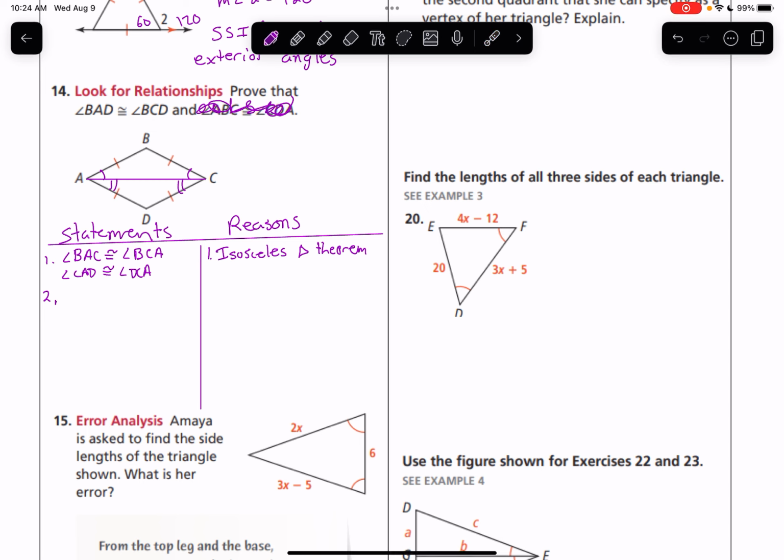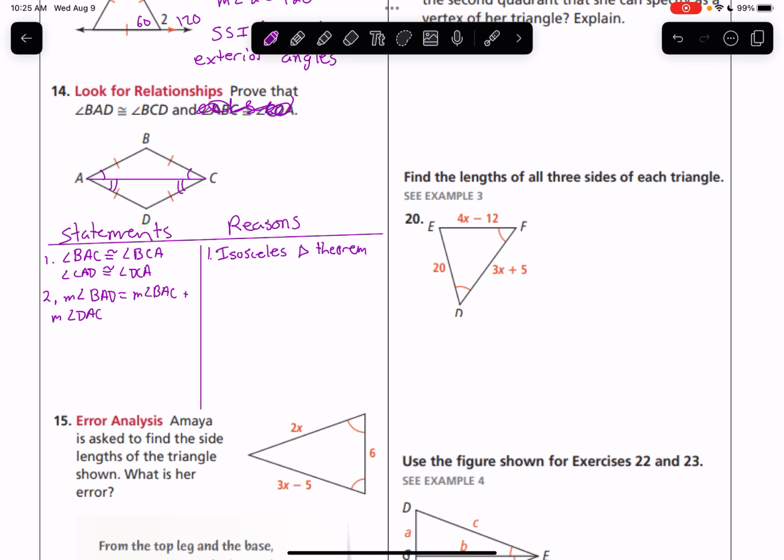I'm going to write the measure of angle BAD is equal to the measure of angle BAC plus the measure of angle DAC.